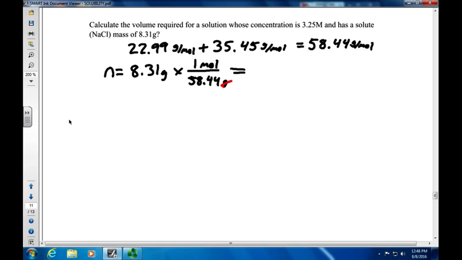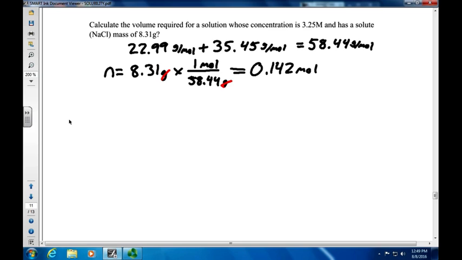You find that grams and grams cancel each other out, and you're left with moles, which is exactly what we want. And when you do the arithmetic out, you will find that you end up with 0.142 moles of NaCl. That's how many moles of NaCl are in 8.31 grams of NaCl.